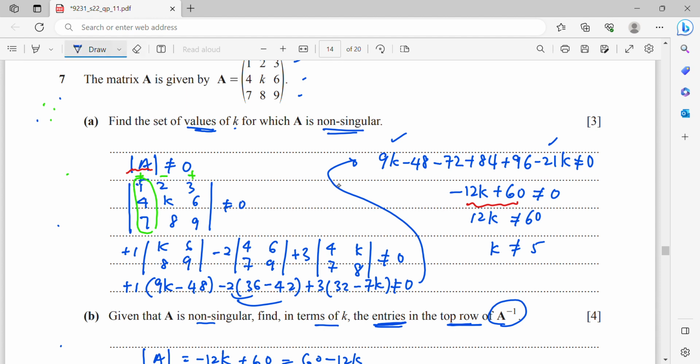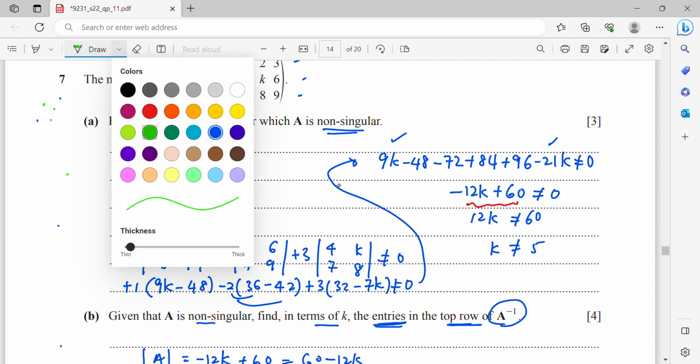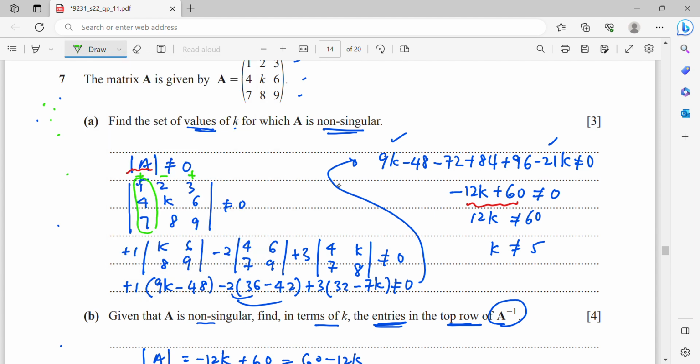The adjoint matrix is actually the transpose. Which means instead of considering the first row and second column, now I'm considering first column and second row. I fix this. So my remaining numbers will be 2, 3, 8, 9, and then the sign is minus. So I'm considering this now, and no longer the row.